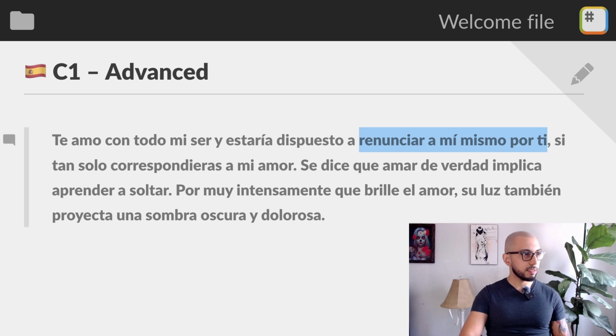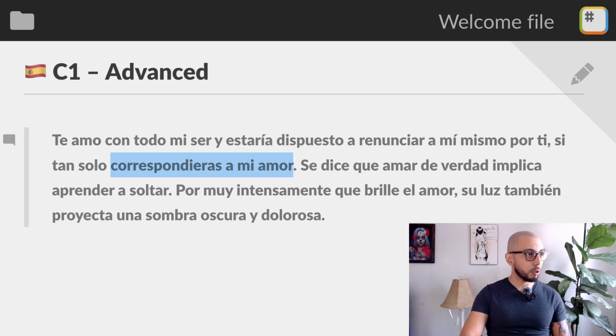And the second part of that sentence is, si tan solo correspondieras a mi amor. So the verb here, correspondieras, has changed. It's certainly a more sophisticated verb, right?